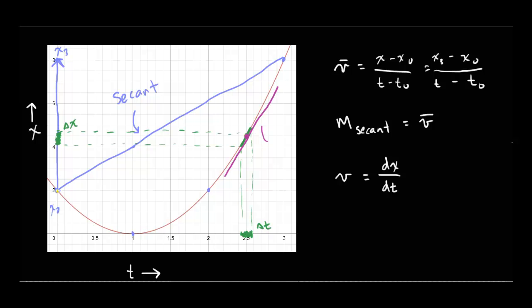The slope of this tangent line is going to give us the instantaneous velocity. So this v, and note I'm not putting a bar over it because dx/dt is the instantaneous velocity, is equal to the slope of the tangent in terms of the graph.